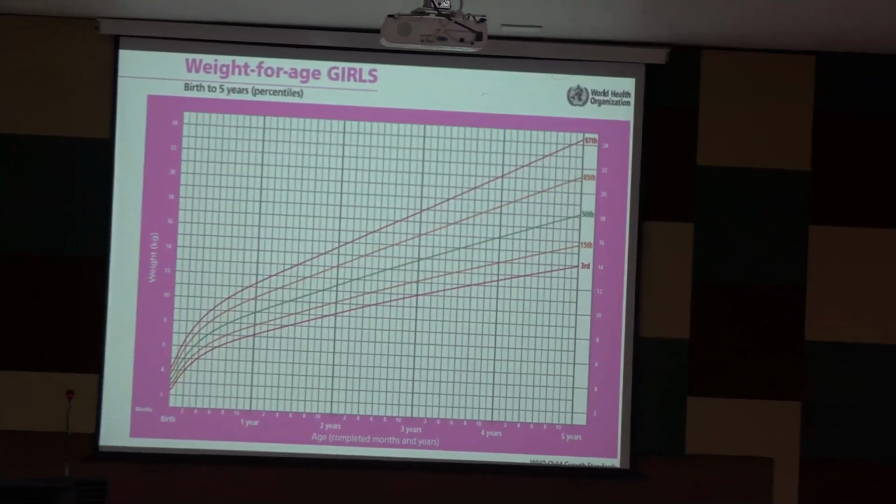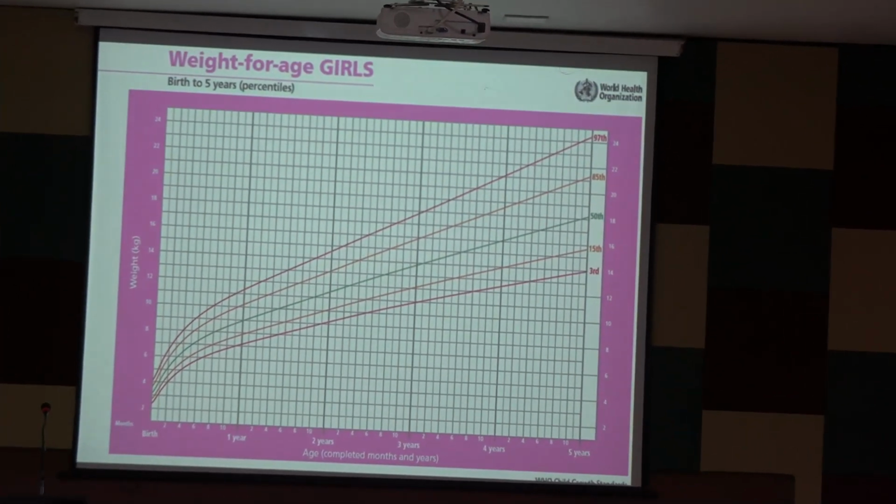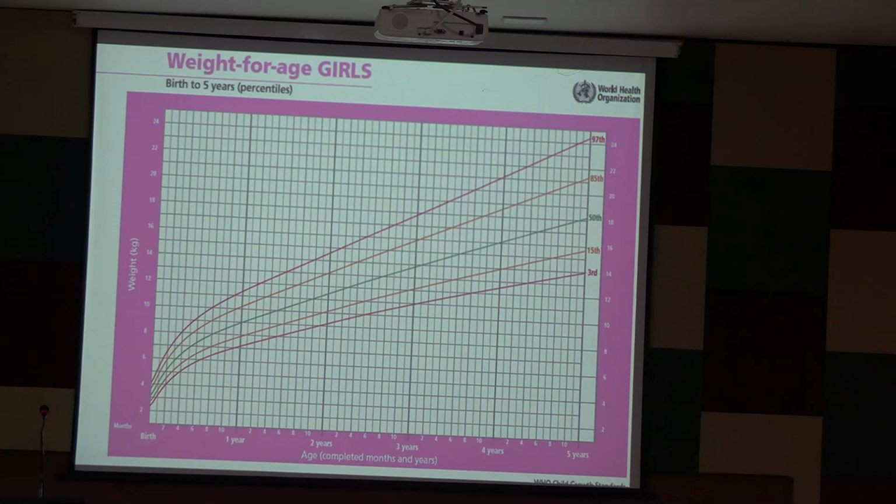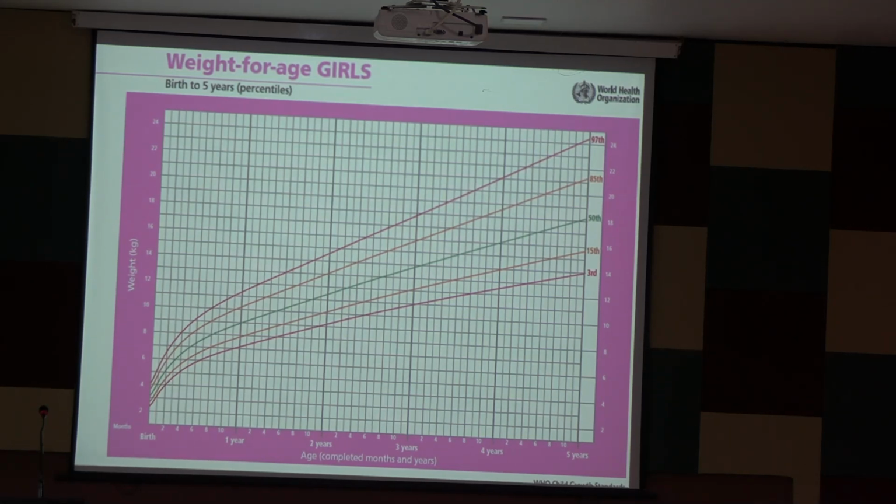We will have a separate class or demonstration class on growth curves, so I am not going into detail of this growth curve. Just want to tell you that there are so many growth curves used. There are two colors. First one is pink and another one is blue. Pink is for girls and blue is for boys.